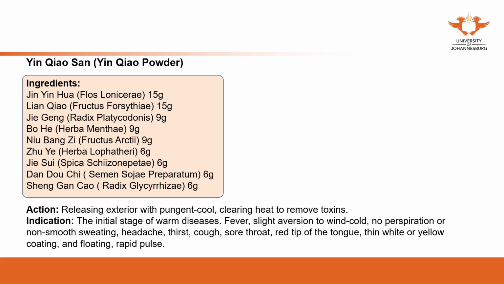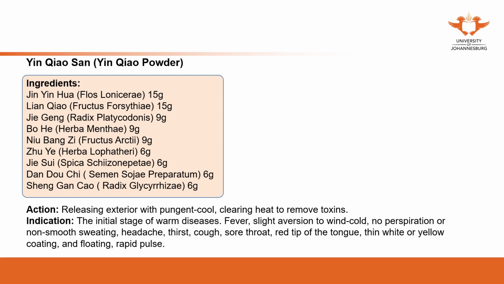The patient may present with fever, aversion to wind cold, nose perspiration, non-smooth sweating. This is a direct translation. What does it mean by non-smooth sweating? In this situation, the patient will present humidity or moisture on the skin.